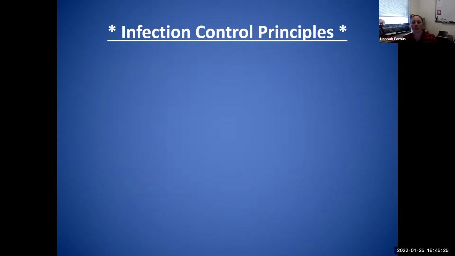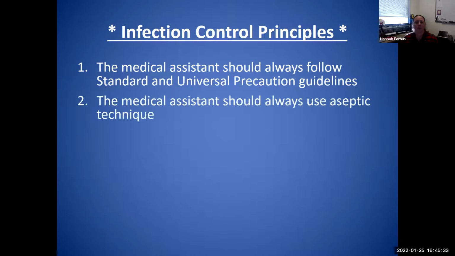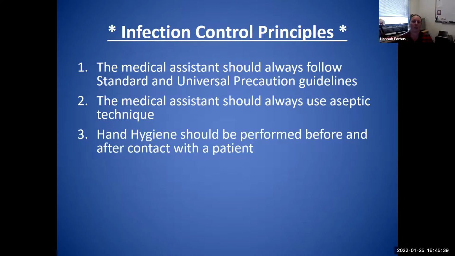Okay, so infection control principles. The MA should always follow both the standard and universal precaution guidelines. The MA should always use aseptic technique. Hand hygiene should always be performed before and after contact with a patient.